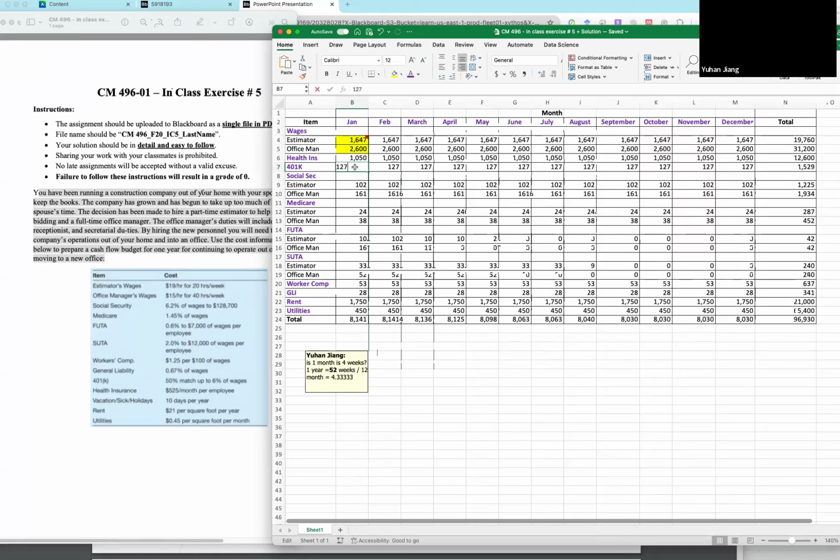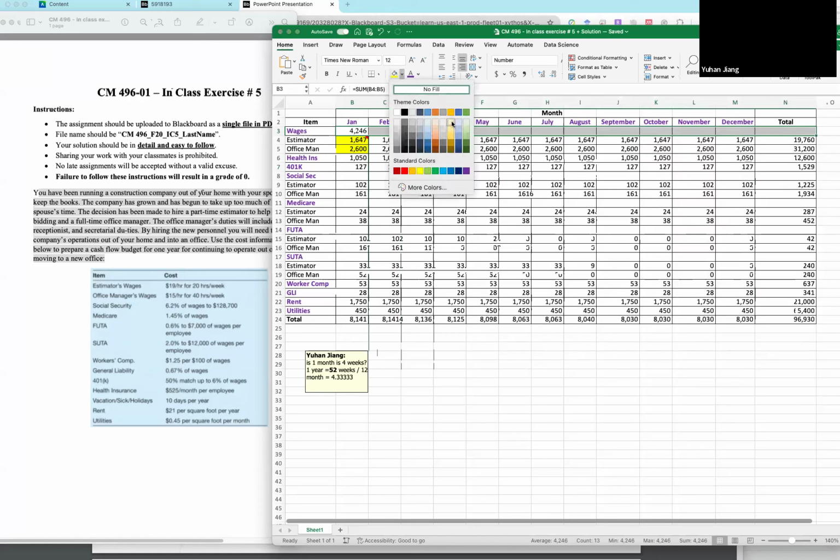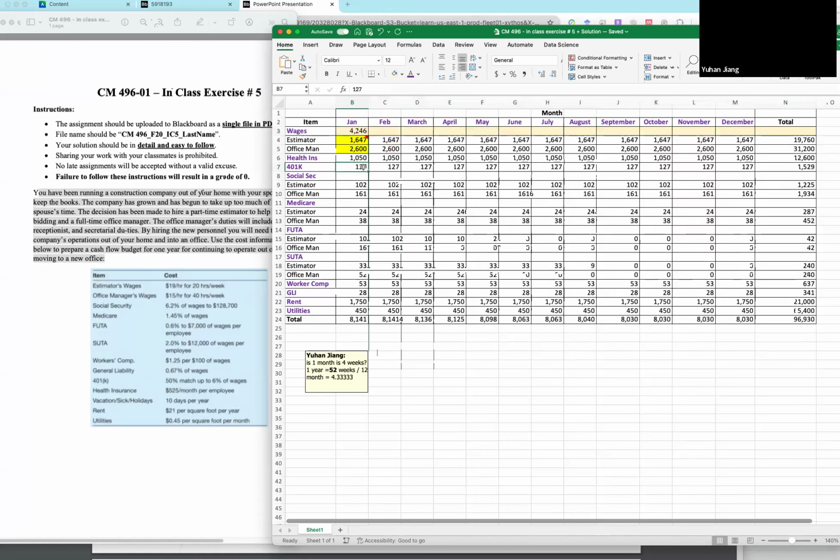So you can give a summary for the salary. That will be these two numbers, right? So this is your salary. So this line will be a subtotal. So 401k is equal to this one times 6 percent.